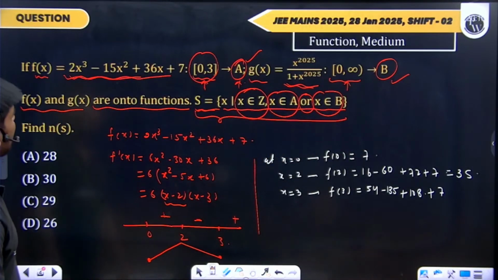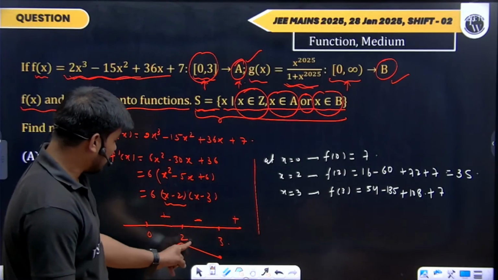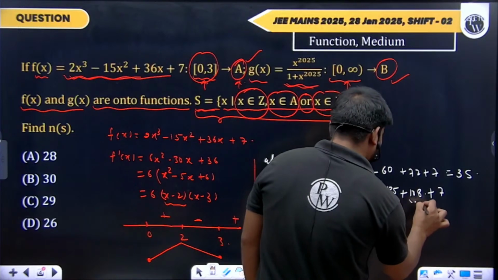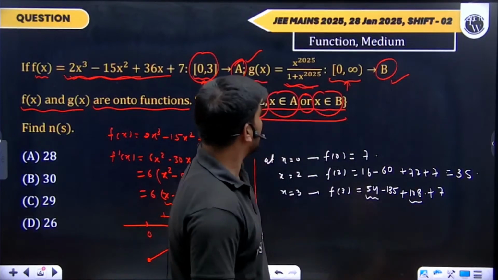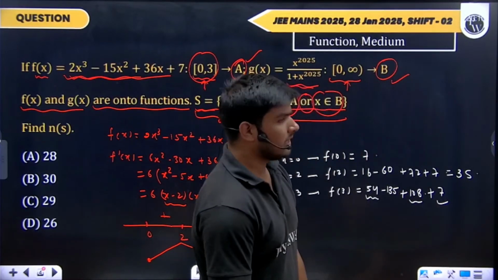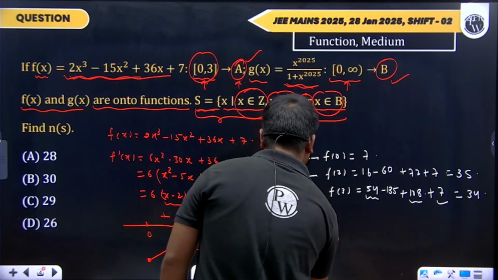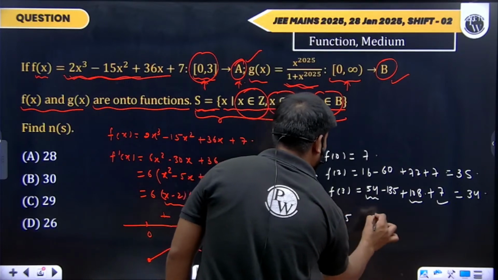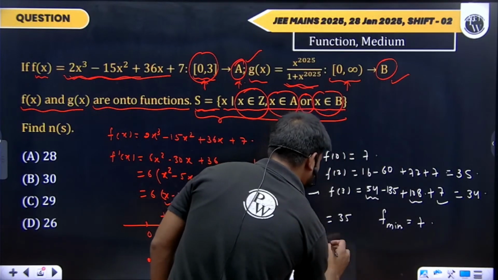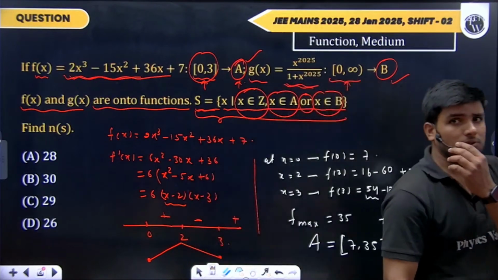The function is defined on [0, 3] and it is increasing from 0 to 2 and then decreasing from 2 to 3. So at x equals 3 we get 108 plus 54 is 162, plus 7 is 169, minus 135, that will be 34. So the maximum value of f is 35 and the minimum value of f is 7. So the range will be 7 to 35.